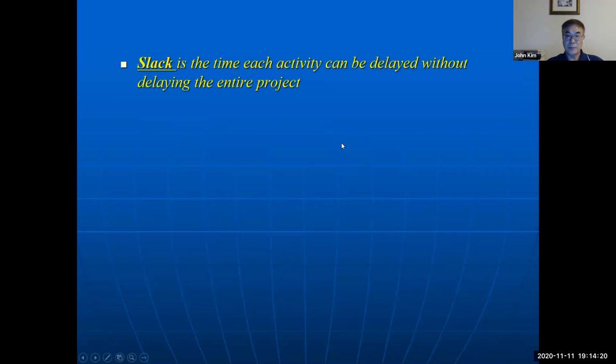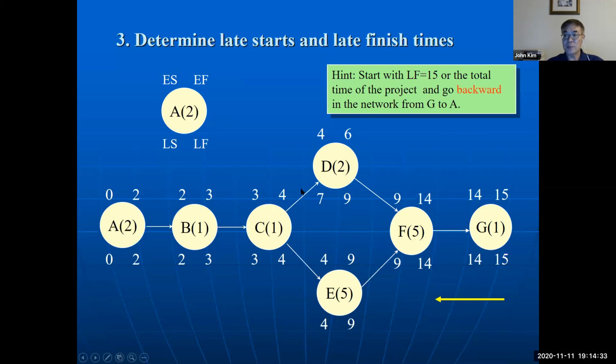We call that slack. Slack is the time each activity can be delayed without delaying the entire project. So activity D has 3 weeks of slack, like spare time, but the others have no slack. So in the entire project, A, B, C, E, F, G are critical activities.